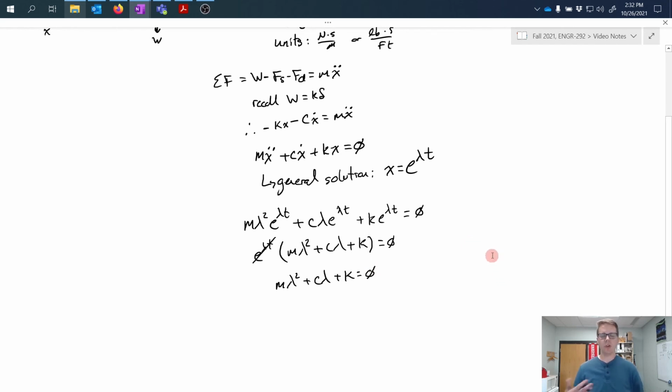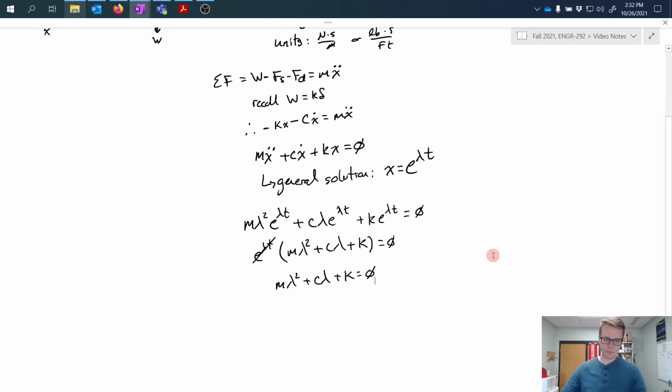Ultimately, we're looking to solve for lambda so that we can specify what x is, and x requires lambda in order to be usable. Now, if we look at this equation, we have a relatively standard form second order equation, and therefore we can use the quadratic formula to find the roots.